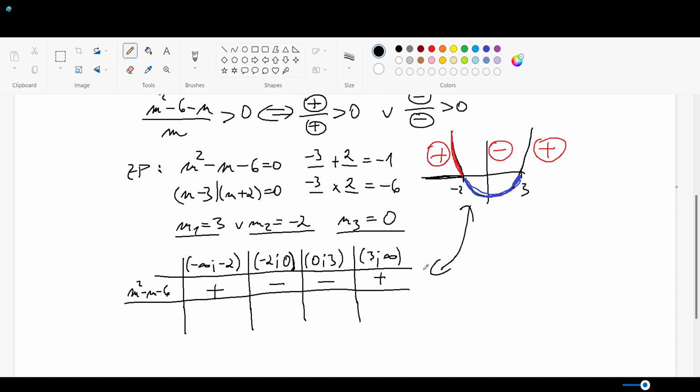Again, all the values are positive because I'm on my parabola on this part. So this is it. How is it with the m? How does it behave? As we already know, this is a linear function, and it is even the parent function.